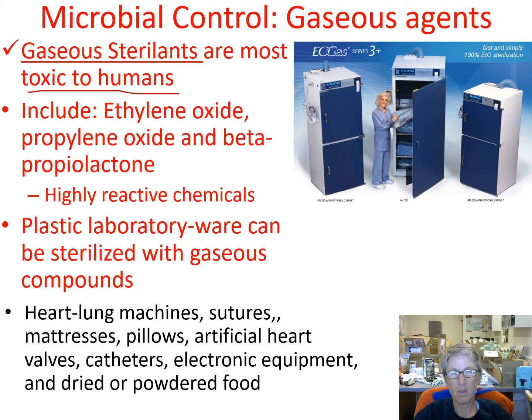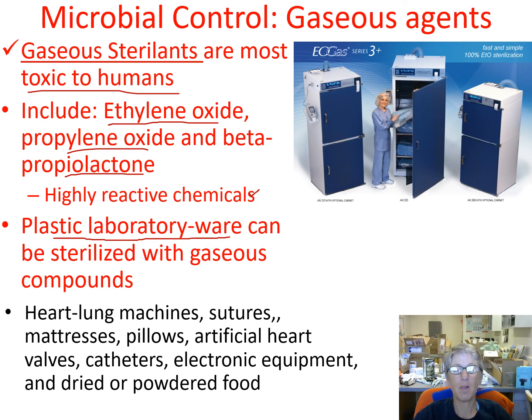Gas sterilants include ethylene oxide, propylene oxide, beta propiolactone. Like I said, when you get into the clinic, you'll probably learn all these words. They're highly reactive chemicals. They're highly toxic. But you can sterilize plastic laboratory ware with gaseous compounds.